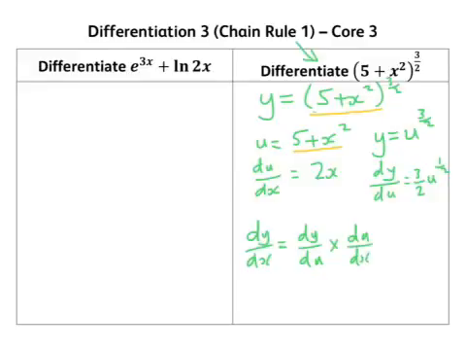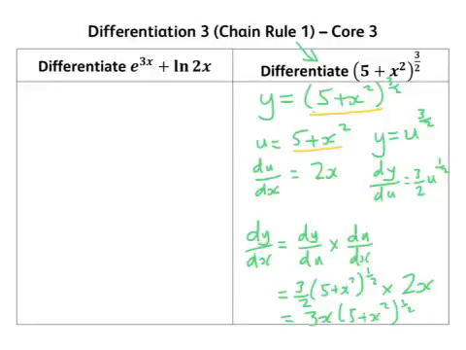So all I've got to do now is write dy du, which is 3 over 2, and I know that u is 5 plus x squared, to the power of half, and I multiply that by du dx, which is 2x. Take that and simplify, so actually the 2's cancel, and we just get 3x times 5 plus x squared to the power of half. Okay, so that's that.